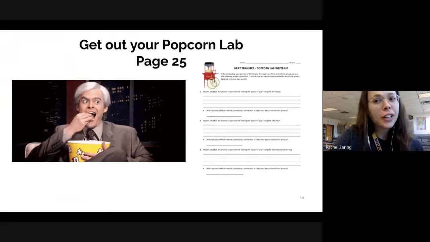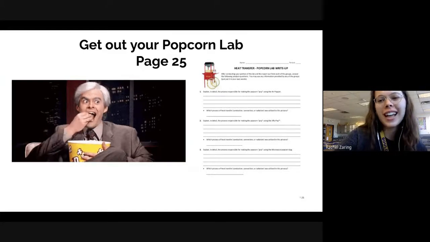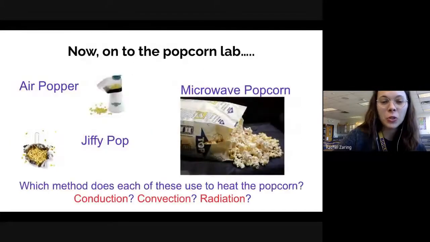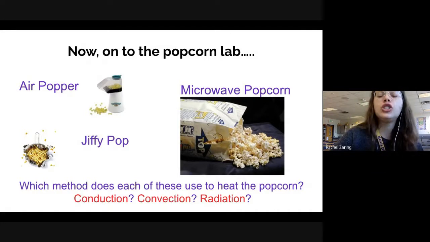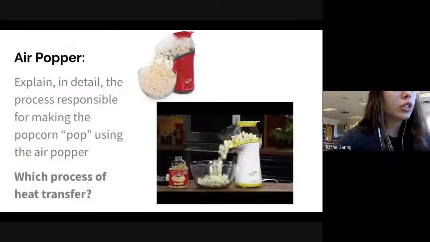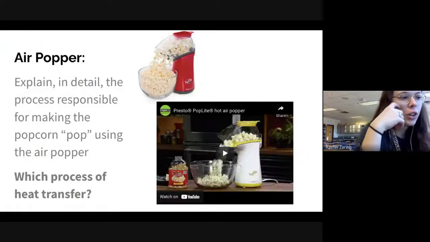Now, as much as I wish I could feed you actual popcorn in class, it's something that we're not able to do this year. But we're going to look at three different ways that popcorn is cooked: through an air popper, a Jiffy Pop, and microwave popcorn, to determine which method each of these uses to heat the popcorn, either conduction, convection, or radiation.